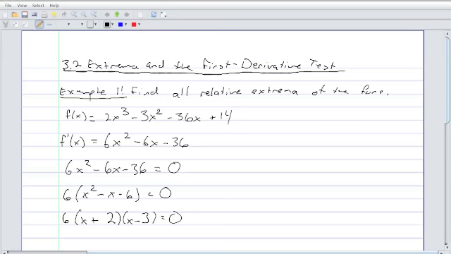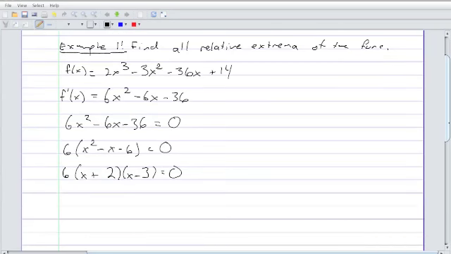Negative 3 times 2 is negative 6, and notice that negative 3 plus 2 is negative 1. So this is going to be our factorization. This tells us that when x is negative 2 or 3, it'll make our f prime 0.